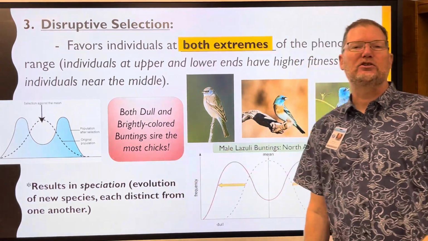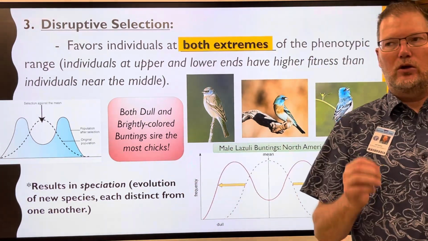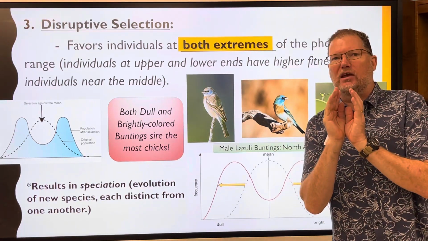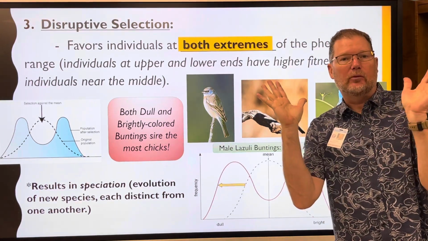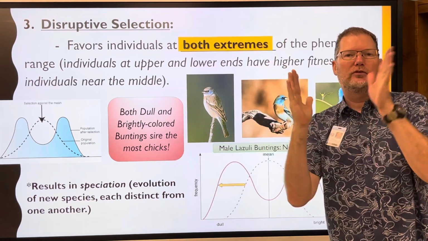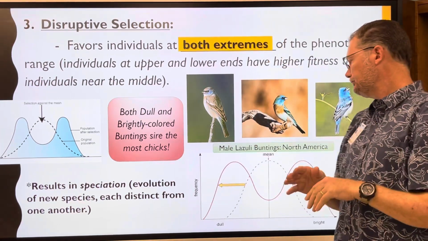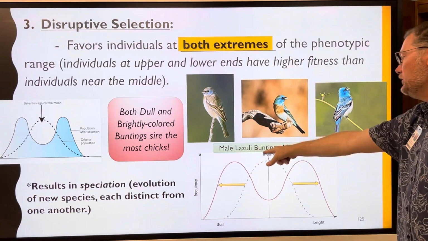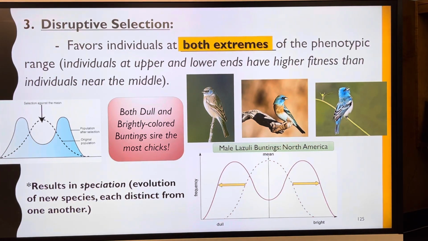And this results in speciation. Remember that word, where you start with one type of individual and then based upon something in the environment, they branch off into different species. And these birds live in North America. Male lazuli buntings. I don't think I've ever seen one. They might be in Canada or something, I don't know. Maybe even in Mexico, I'm not sure, like upper Mexico.